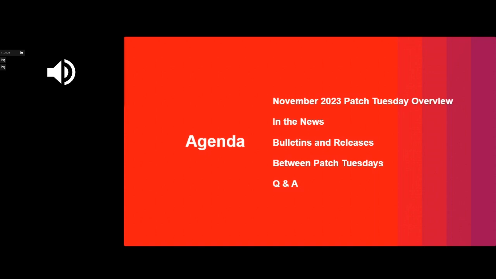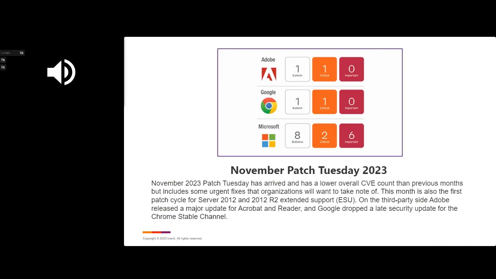So on that note, we have the overview of what released yesterday. Adobe Acrobat and Reader is the main one that we're going to talk about, although Adobe did release 14 different product updates. The majority of those are the cloud apps and other things, like InCopy and Animate and a bunch of the other applications that are less likely to be targeted.